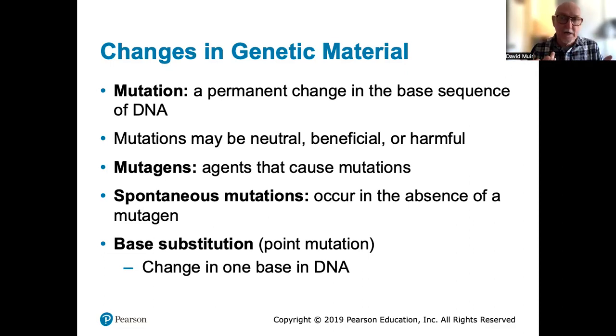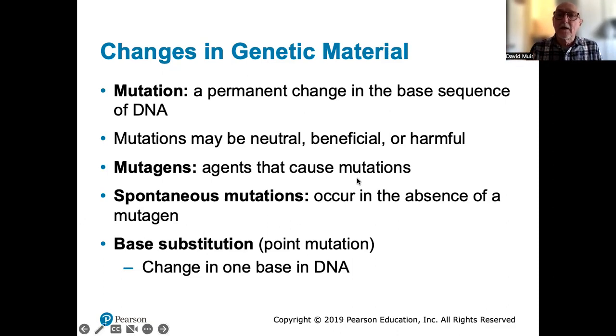It may improve the functioning of an enzyme or protein, and give the possessor of that mutation an advantage over its competitors. Beneficial mutations occur very seldom, but they're tremendously important because this is the driver for evolution.